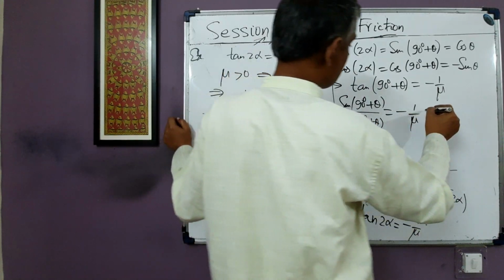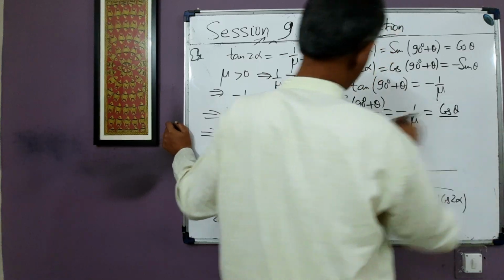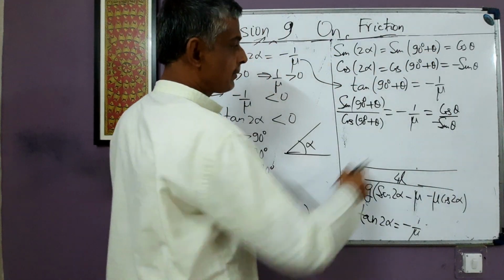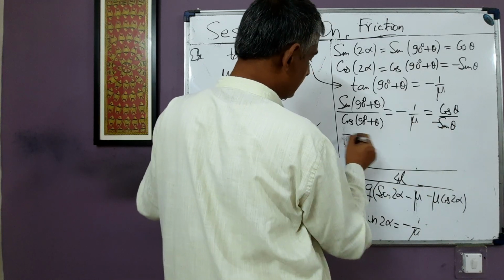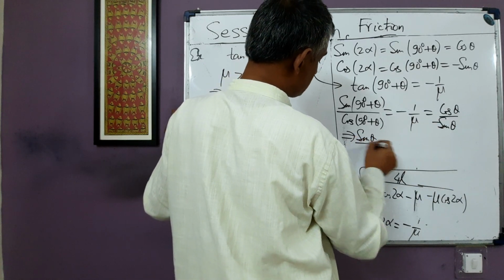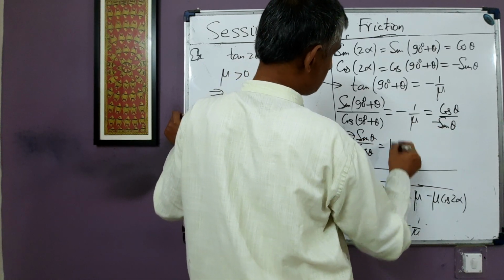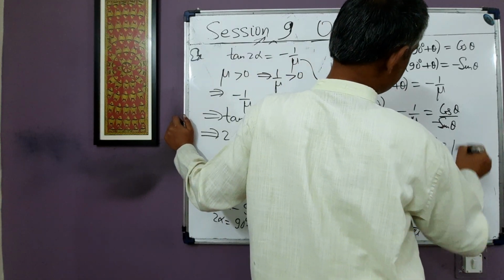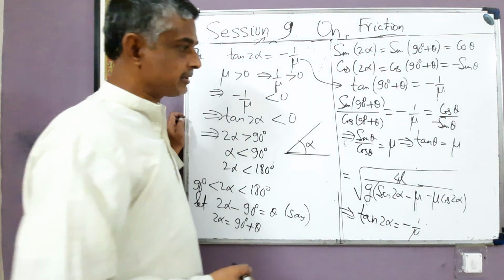Sin 90 plus theta becomes cos theta and cos 90 plus theta becomes minus sin theta. So minus minus goes away. From this we get that sin theta by cos theta is just equal to mu, meaning tan theta is mu, because sin by cos is tan by trigonometry.